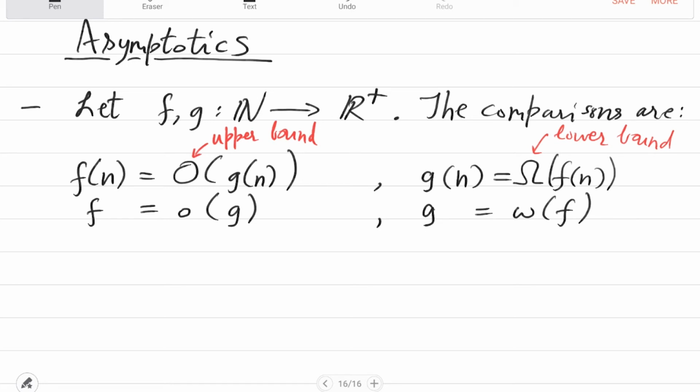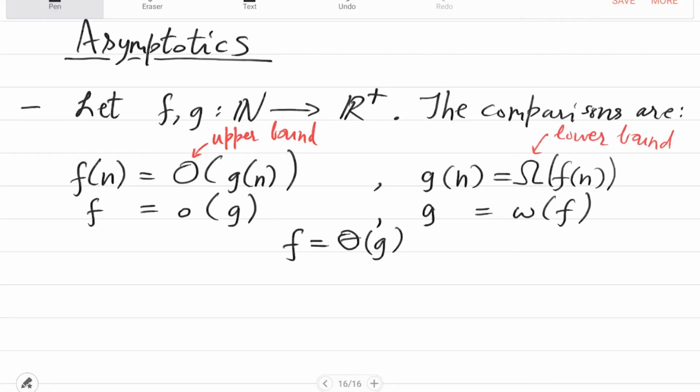If you have both upper and lower bounds on f, then you can use theta. So f equal to theta g. Theta g basically combines the two things, f equal to big O of g and f equal to big omega of g.